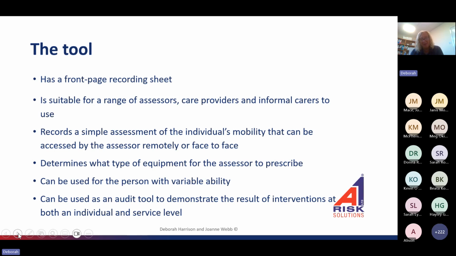We're really not very good at recording how well we've done. So it gave them that ability to do that audit, as well as giving your patient or service user a bit of feedback.